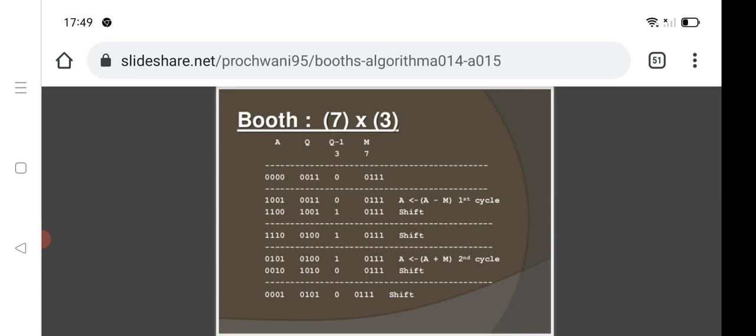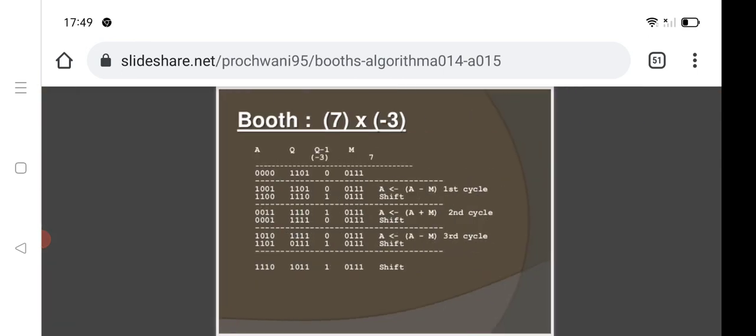So the answer is 21. If you see here, my MSB value is again 0, so it is nothing but plus 21.